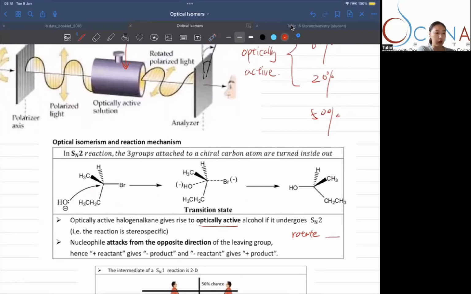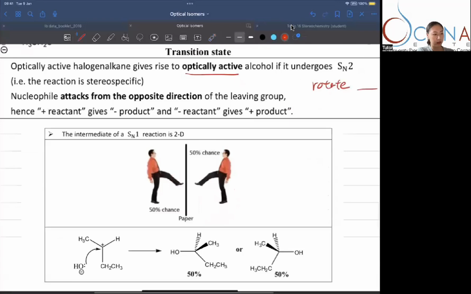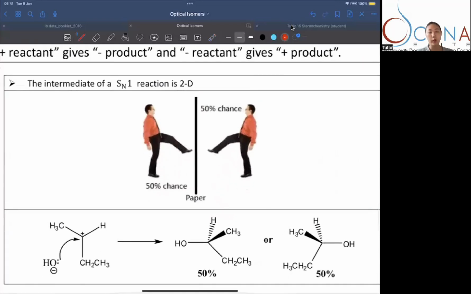However, for the SN1 reaction, if we look at the mechanism here, we know that SN1 is a two-step reaction where the halide leaves the haloalkane first, and then you have a planar intermediate with a carbocation in the middle, and your nucleophile attacks this carbocation. Because this intermediate is planar, you can attack it from either side.